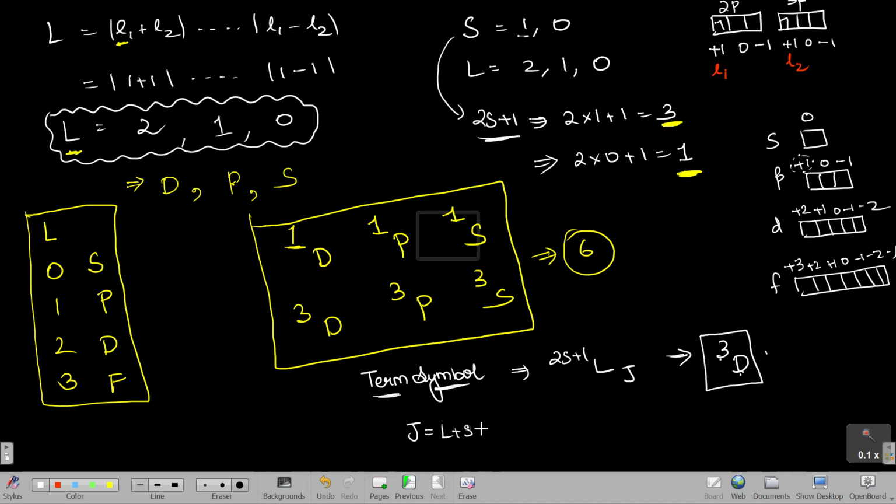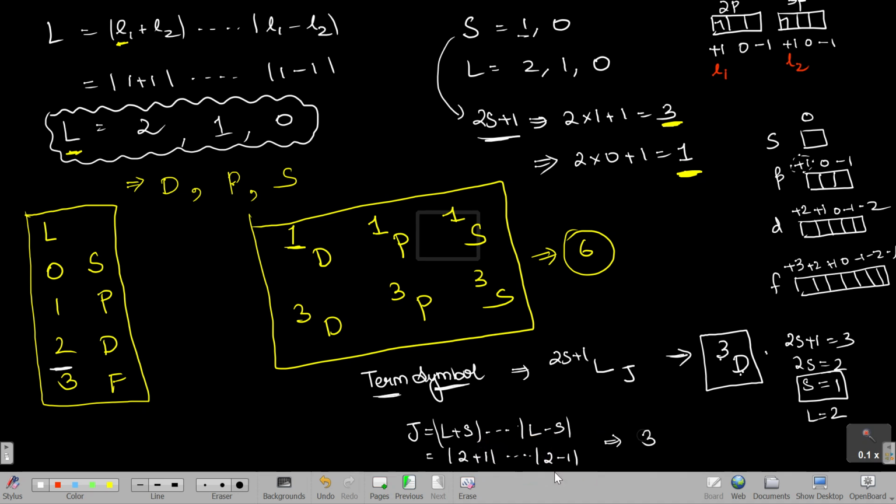J value is L plus S modulus up till L minus S. Here 2S plus 1 is equal to 3, so 2S is equal to 2, so S is equal to 1. And we know that if it is D, the L value is 2. So you just substitute it in the formula: 2 plus 1 up till 2 minus 1. So 2 plus 1 is 3, 2 minus 1 is 1. In between the two there is only one value, that is 2.